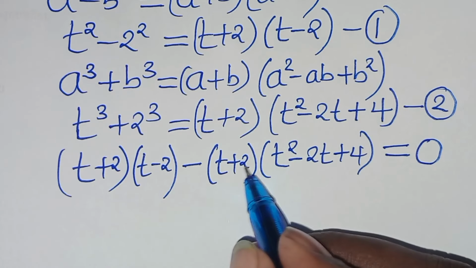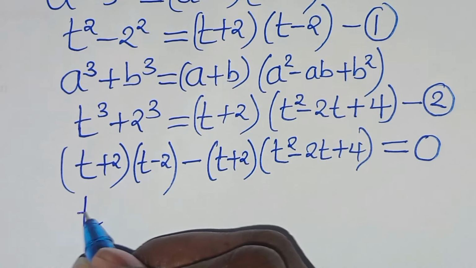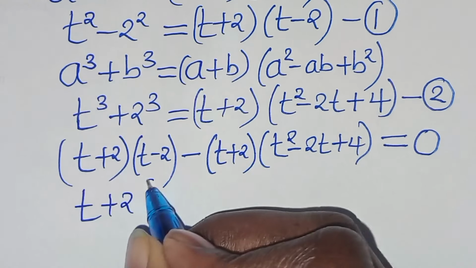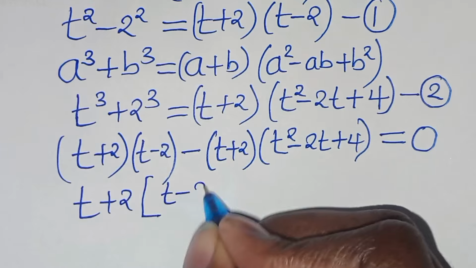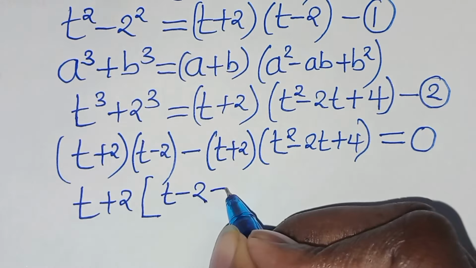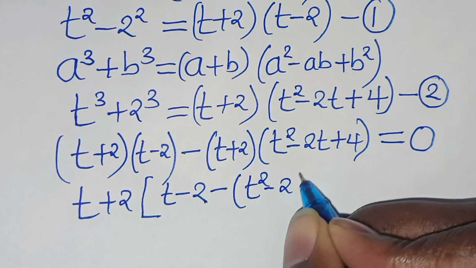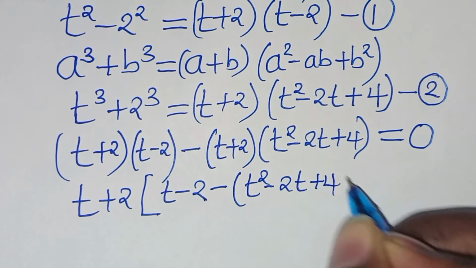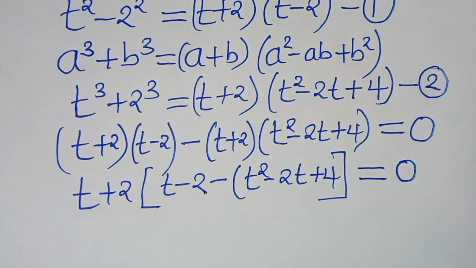We have that t plus 2 is common here. So we can factor out t plus 2 into the parentheses. This is the same thing as t minus 2, then minus, here we have t squared minus 2t plus 4, close the parentheses. This is equal to 0.